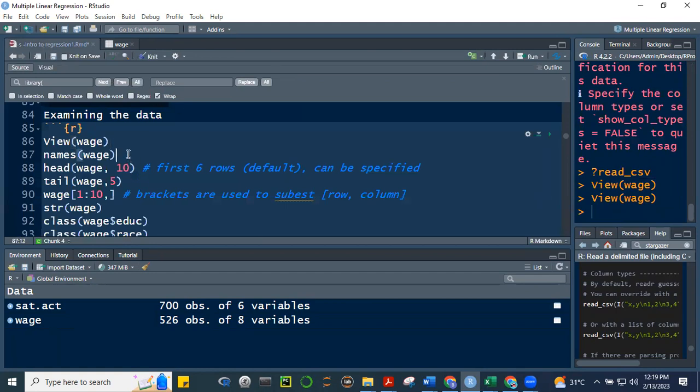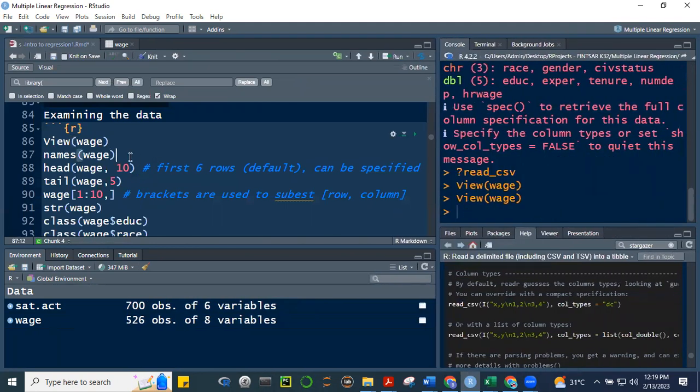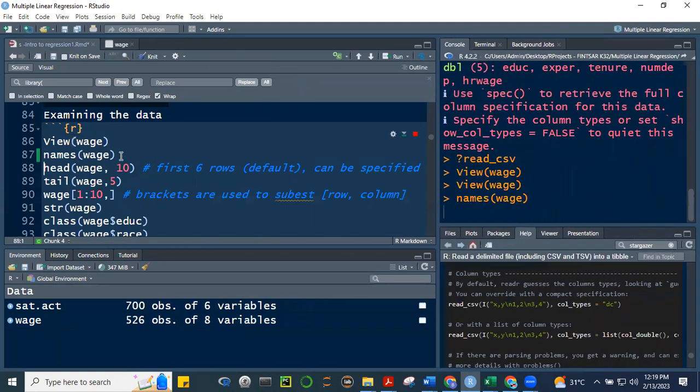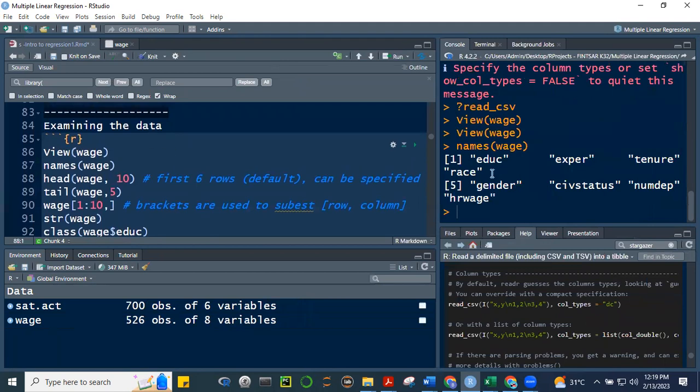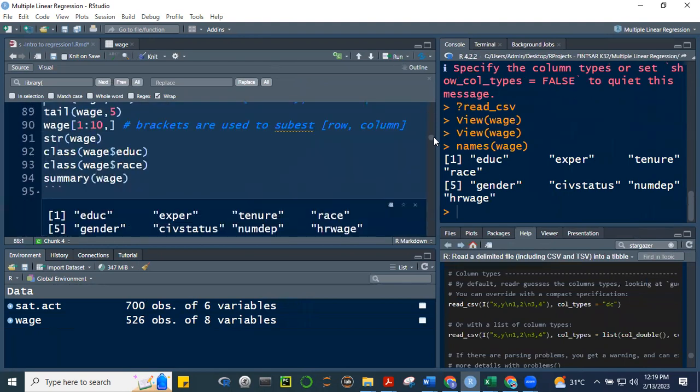What does the names function give us? The names function will give us the names of the variables. Yan. So ano laman ni wage? Education, experience, tenure. Okay, so you know the head, the tail, the subsetting. We will not run the others because we know this already.